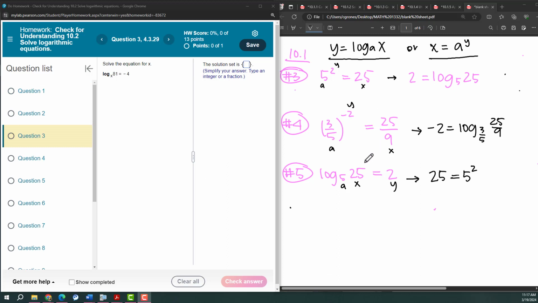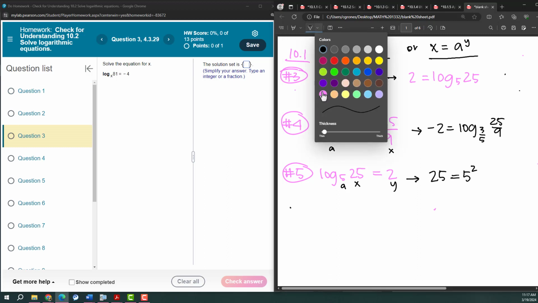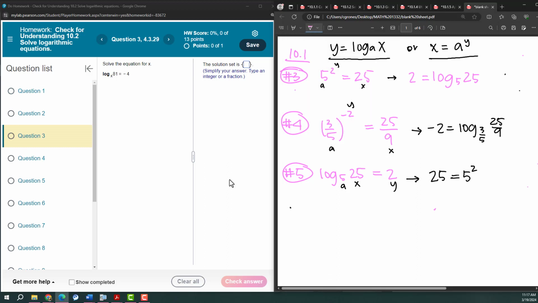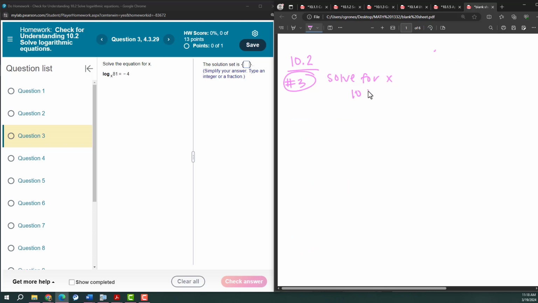All right, so let me write this out. And then we will label. So this is number 3. It says solve for x. Let me scooch this up. And then we've got log base x of 81 equals -4.